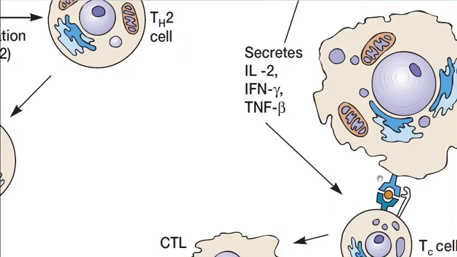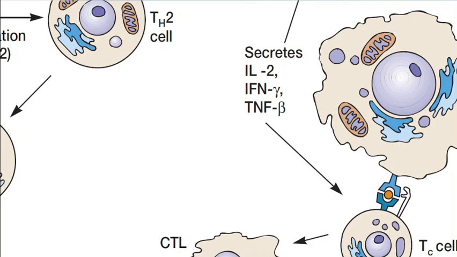So MHC class 1 will represent these antigens, the peptides of the virus. Those peptides are detected by the TC cell. Now this TC cell is not in active form, it is in the inactive form. It is activated by three signals.